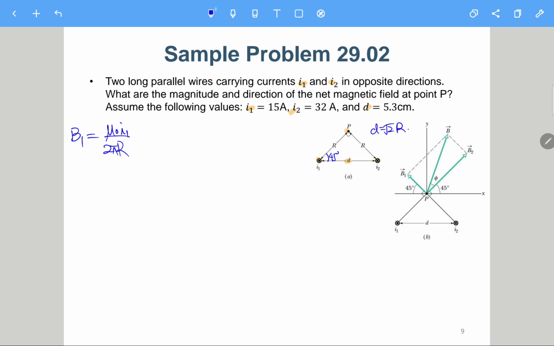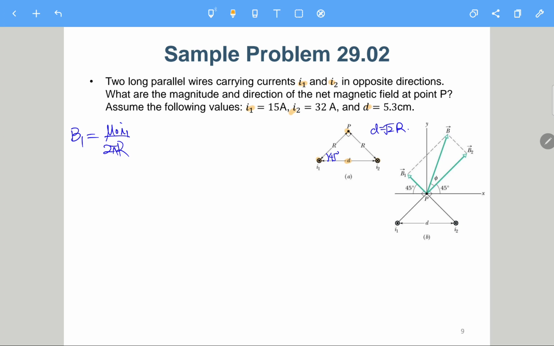Of course you need to determine the direction of the magnetic field at point P. You can simply use the right hand rule: use your thumb to follow the direction of the current, out of the page, and then your forefinger going to this point will be pointing to the top left.